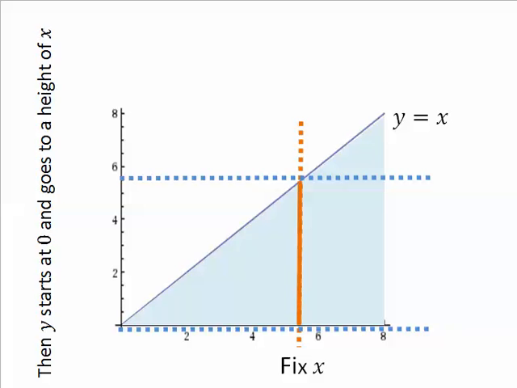So y will start down at the x-axis and go all the way up to the line y equals x. And so my new bounds are: x will go between 0 and 8, and then for each value of x, y will run between 0 and x.